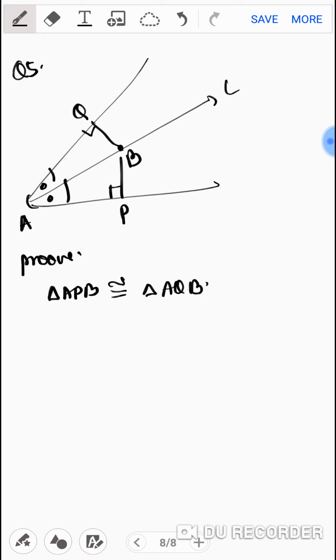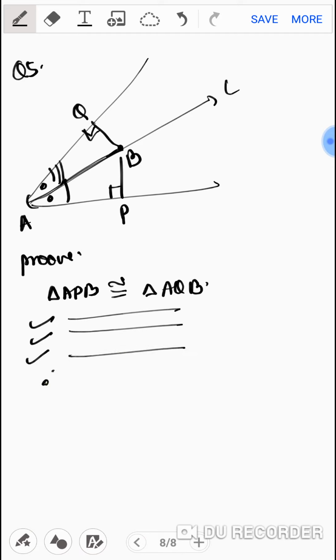Come on, let's start. You have a common side AB, you have this, and you have 90 degrees. Can we prove them by AAS? Yes, you have to write 3 reasons and say therefore triangle APB is congruent to triangle AQB by angle angle side congruency test. Clear?